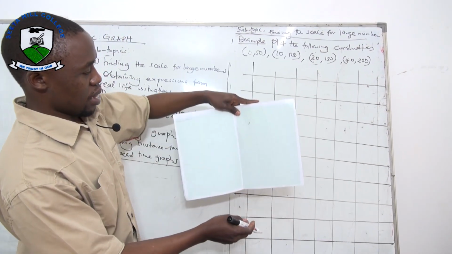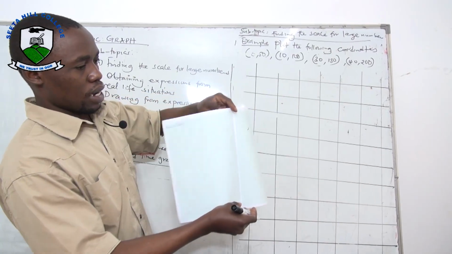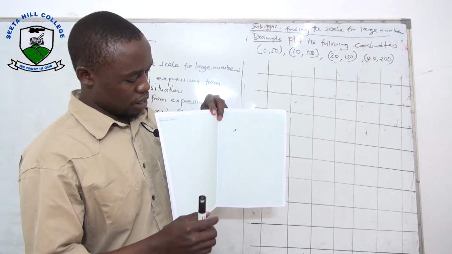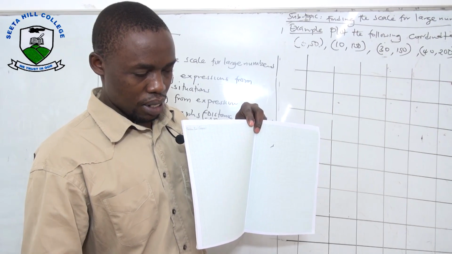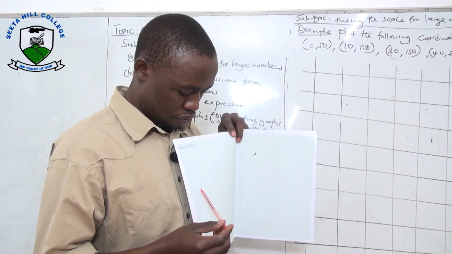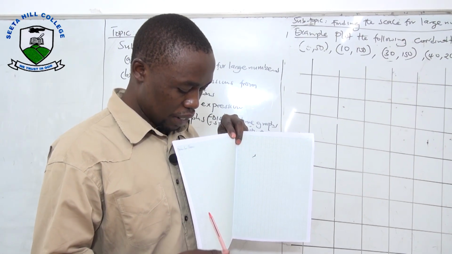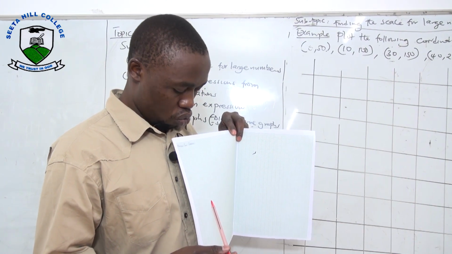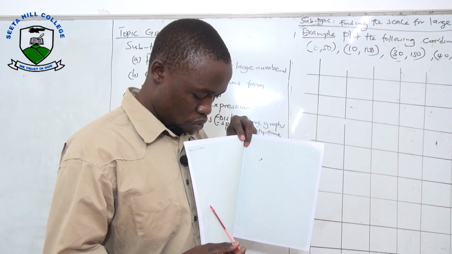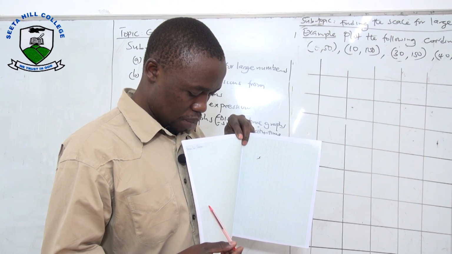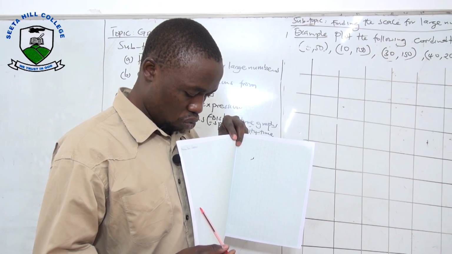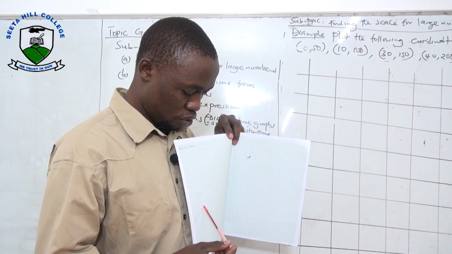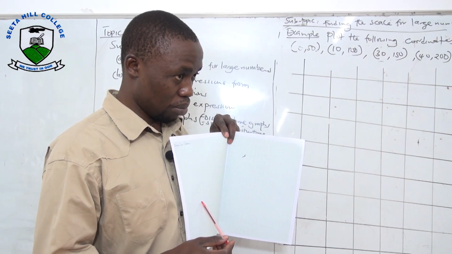The distance from one bold line, these are thick lines, to another thick line is 1 centimeter. That means 1 centimeter, 2 centimeters, 3 centimeters, 4 centimeters, 5 centimeters.